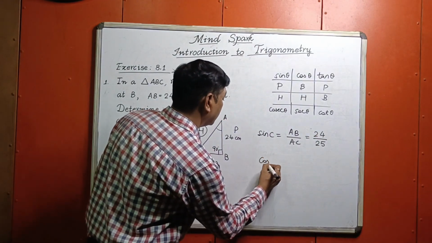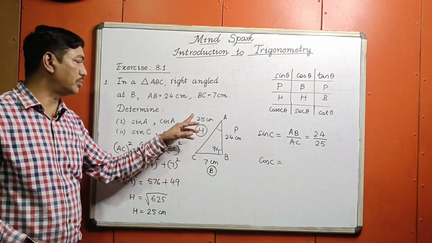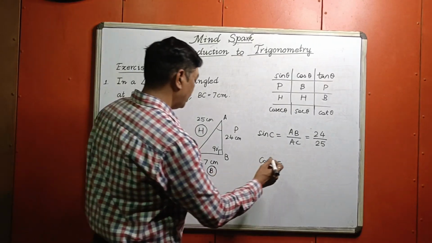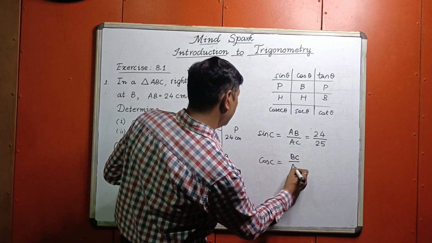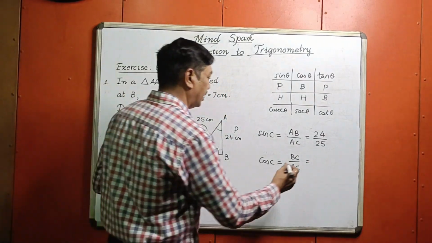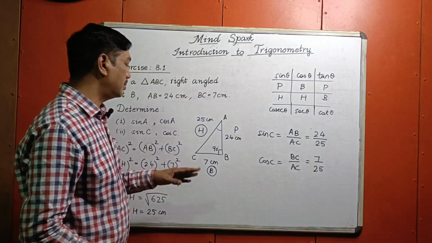Then cos C. Cos C is nothing but adjacent side by hypotenuse, say base by hypotenuse. So you have BC by AC. How much is BC? It is 7. So 7 by 25. So this problem I have solved.